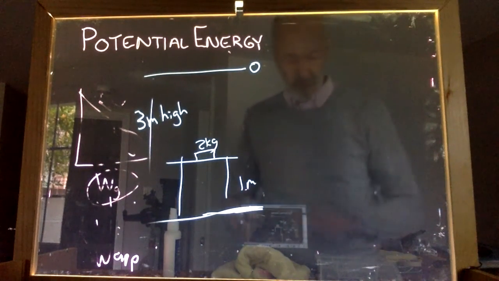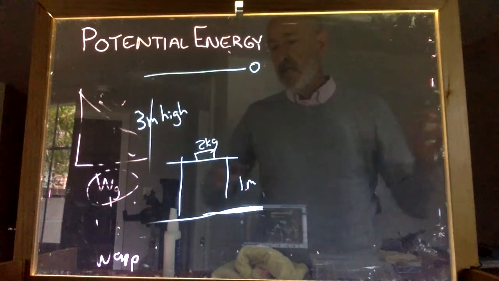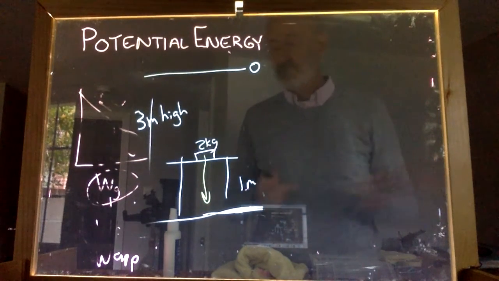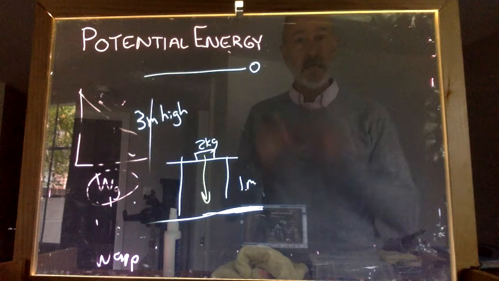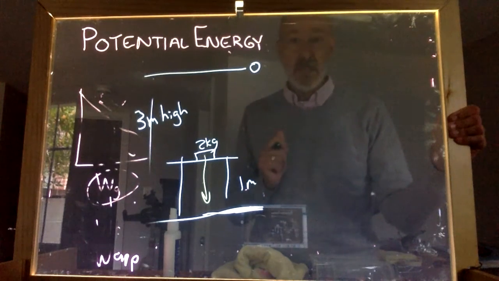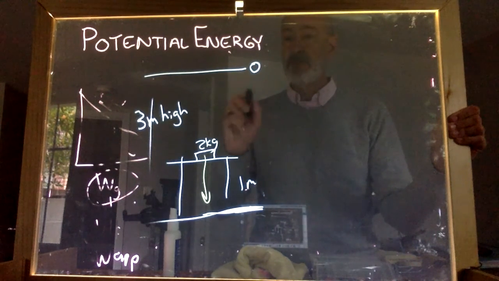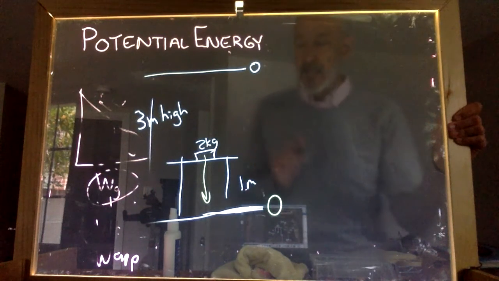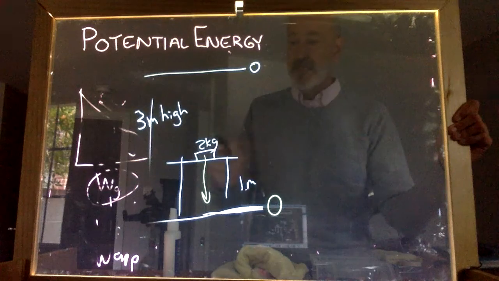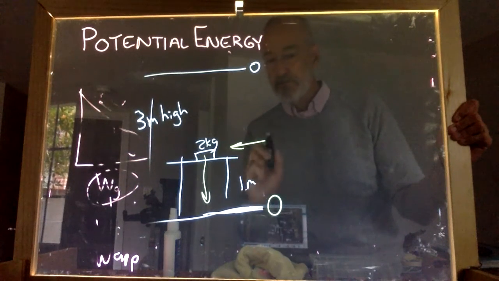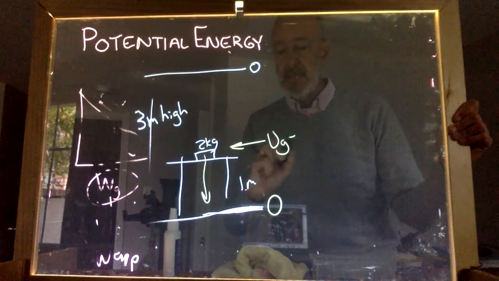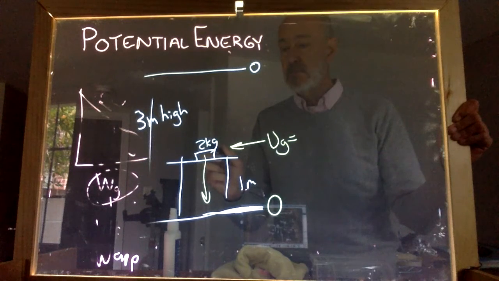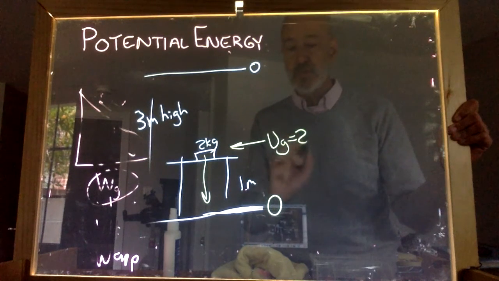Okay, so the book is going to fall off the table and go to the floor, and I'm going to do it a few different ways. First, let me do it relative to the floor. So floor is 0 height. As I said, the potential energy here is m times 10 times 1, so 20 joules.